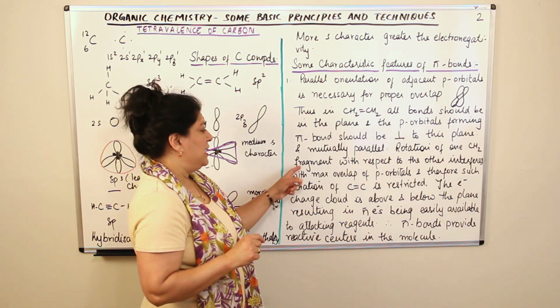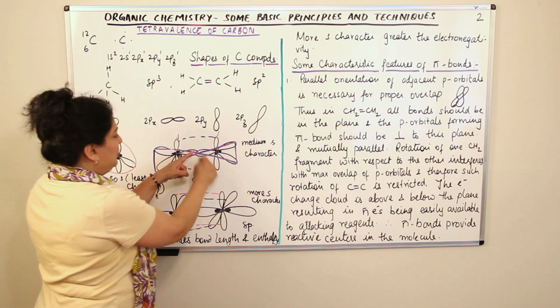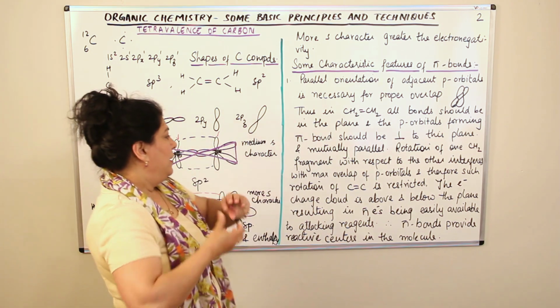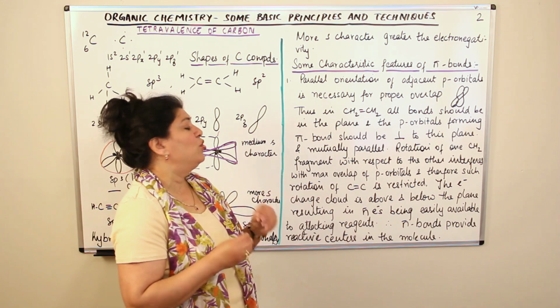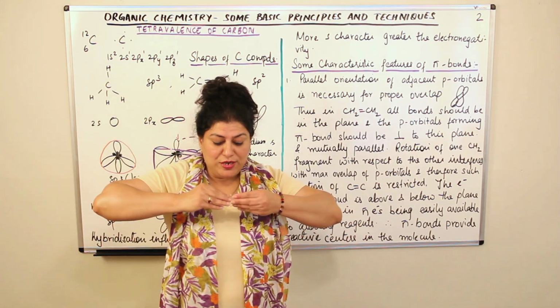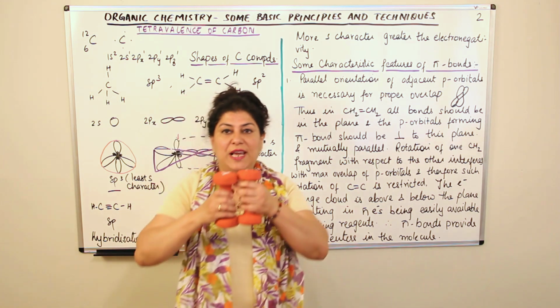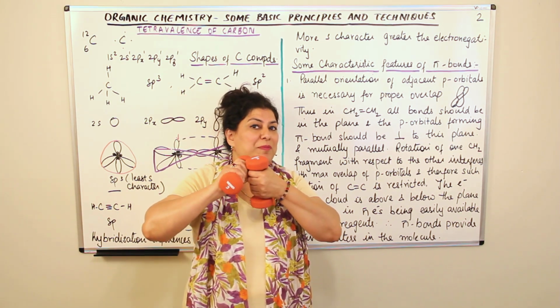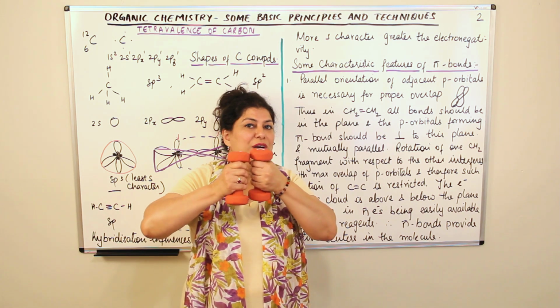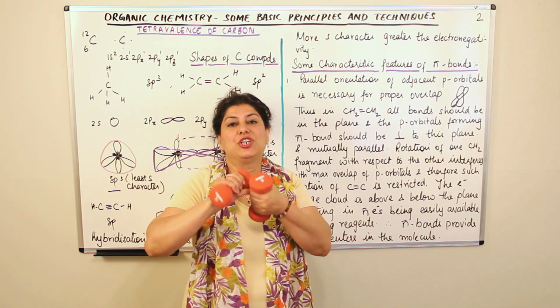Rotation of one of these CH2 fragments with respect to the other interferes with maximum overlap of p orbitals. If you try to rotate one of these, the overlap of the p orbitals will not take place. And since the overlap will be disturbed, this rotation would be restricted.